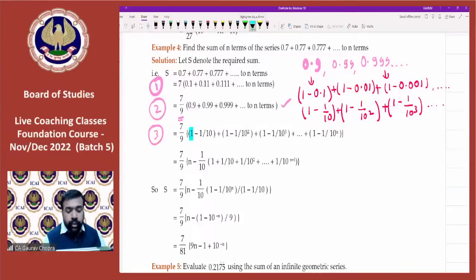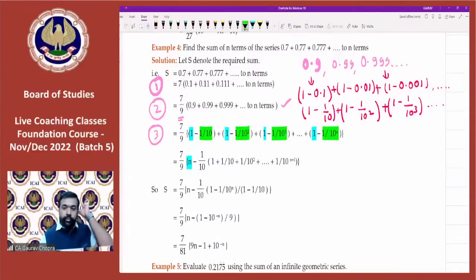One is 1, 1, 1, 1. All these 1s will be taken together and it can be written as n. So 1 is written n number of times, so it is n. After that, we are having 1 by 10, 1 by 10 square, 1 by 10 cube, and 1 by 10 to the power of n.